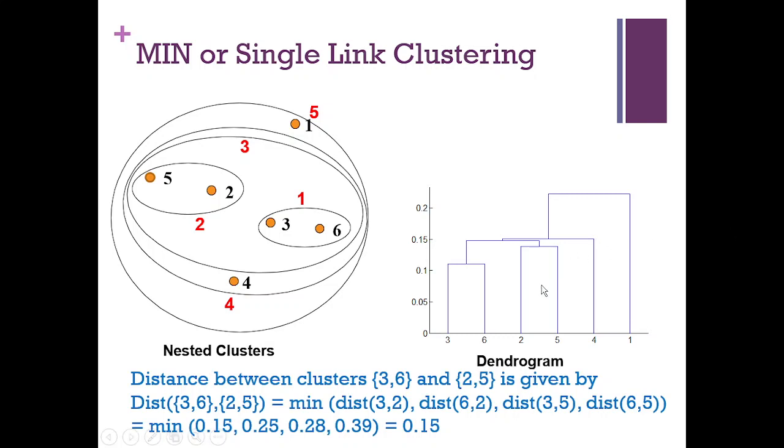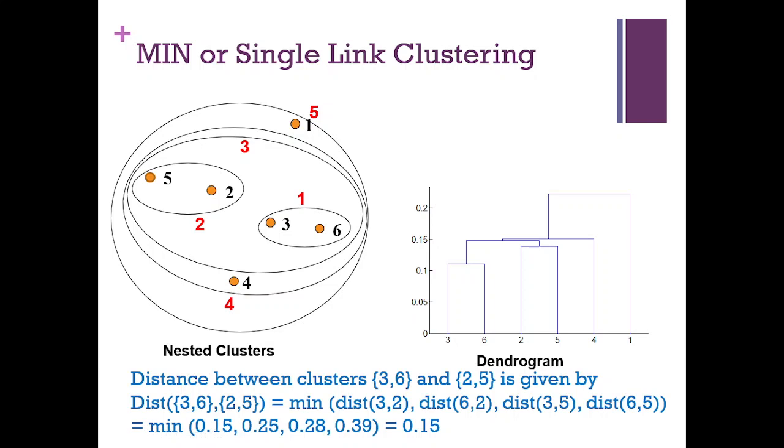and this is going to be the dendrogram. Now our question is, how did we update the matrix, or how did we compute the distance between the clusters 3, 6 and 2, 5? I want to find the minimum of the distances between 3 and 2, 3 and 5, 6 and 2, and 6 and 5. So distance between point 3 and 2, point 3 and 5, point 6 and 2, and point 6 and 5.